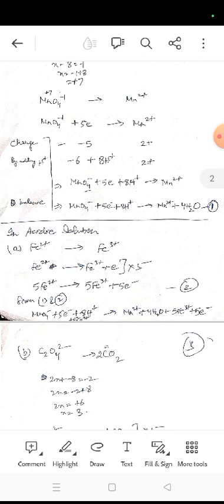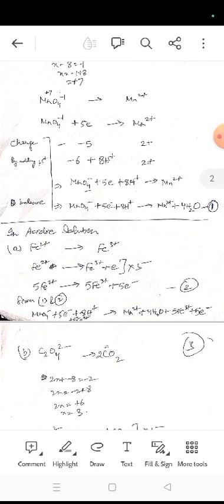Then the oxidizing properties of KMnO4 in acidic solution. The first example is Fe2+ converted to Fe3+. Fe2+ gives you Fe3+, and on oxidation it gives 1 electron. Now in the first equation, we see that 5 electrons are added, so 5 electrons should be released, and only then will these 5 electrons be gained by the permanganate.